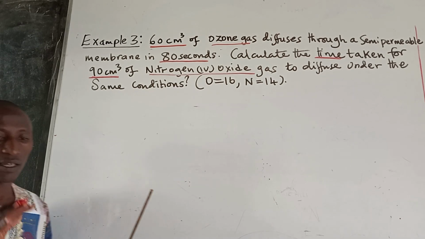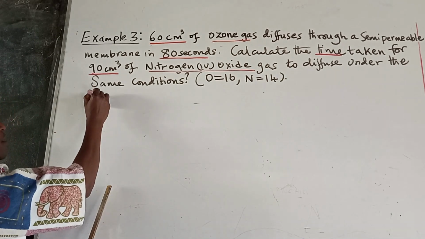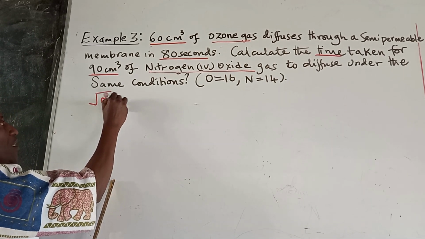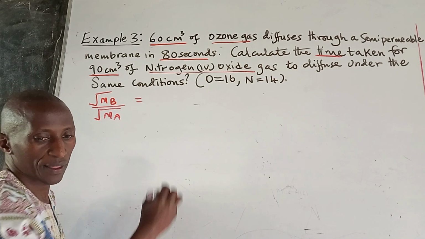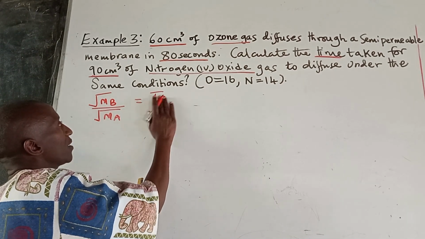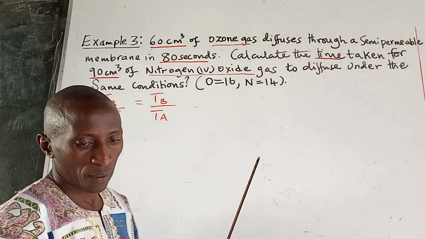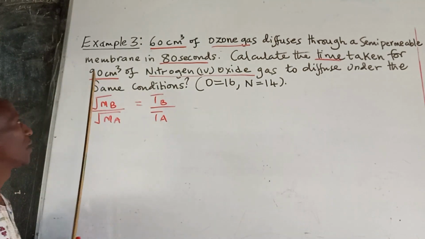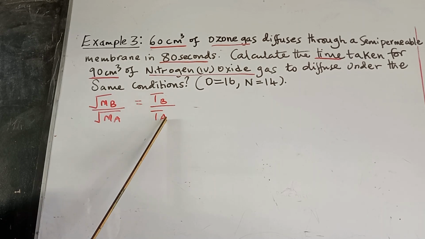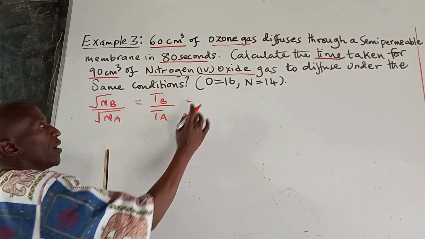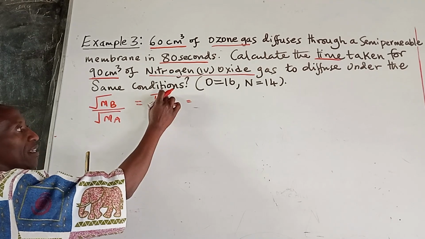One thing we need is to recall the formula for time. We shall have the square root of the molecular mass of B over the molecular mass of A equal to the time for gas B over the time for gas A. If we put rate here, we'd have rate of A being inverse to time A, and rate of B inverse to that.